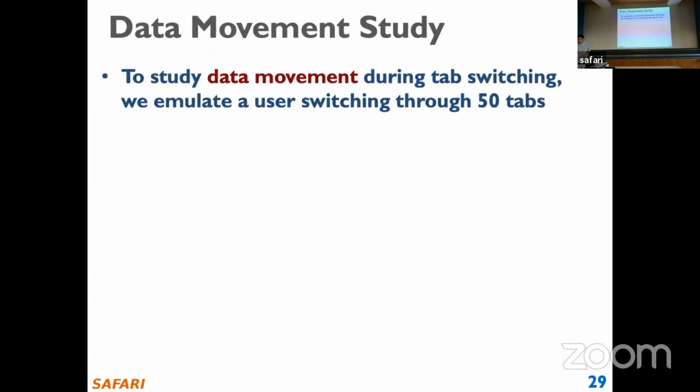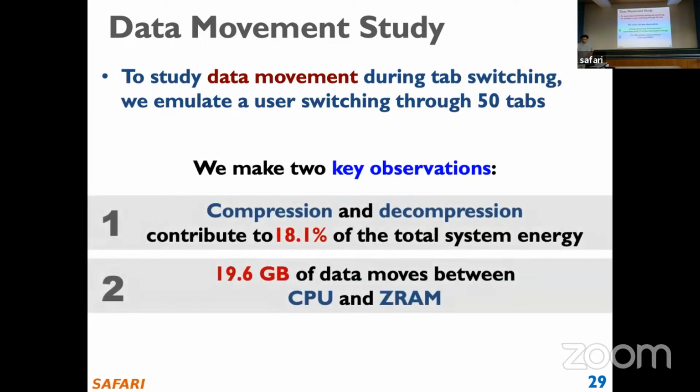A data movement study was done in this paper to analyze the cost of data movement for the tab switching operation. The authors emulated a user switching through 50 different tabs, and they made two interesting observations. The first one is that compression and decompression contribute 18.1% of the total system energy.